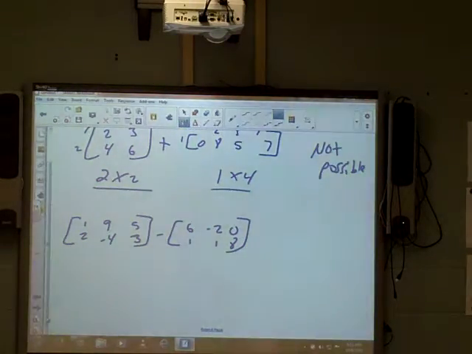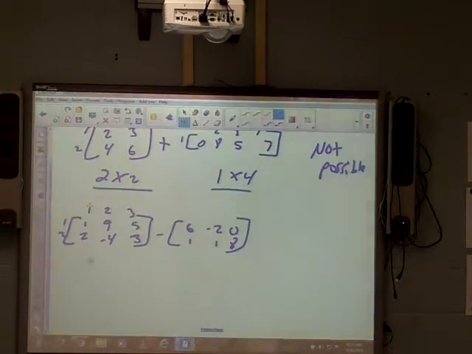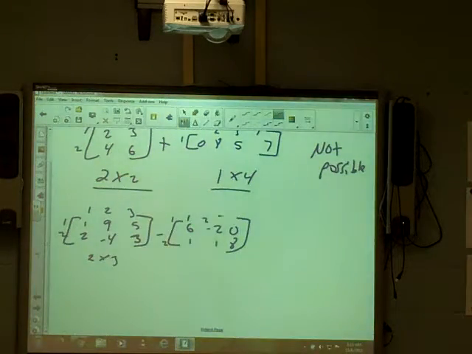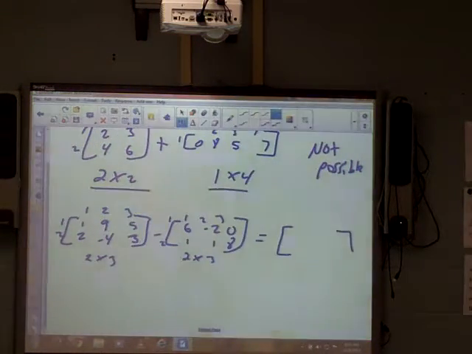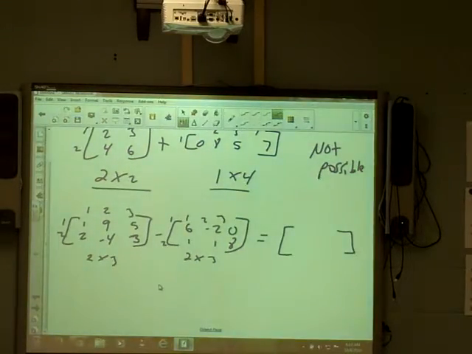They're both 2 by 3s, right? So yes, you can subtract those. Our answer matrix is also going to be a 2 by 3, and since it's subtraction between them, all we do is subtract corresponding spots.